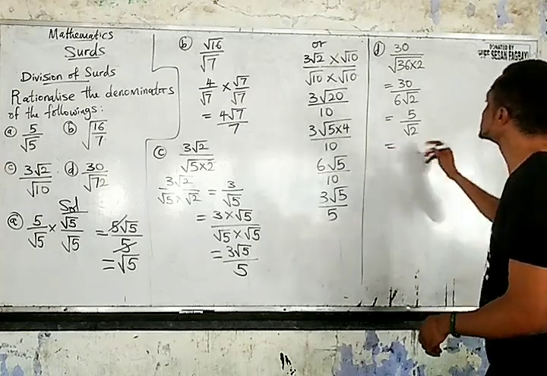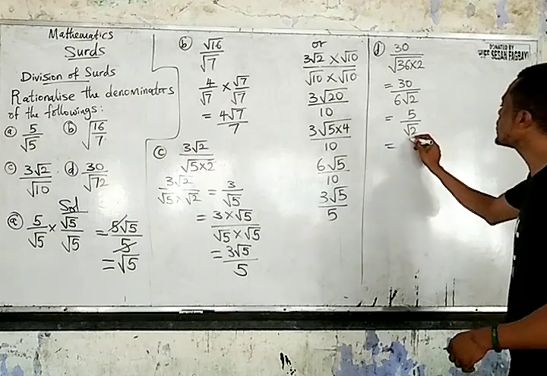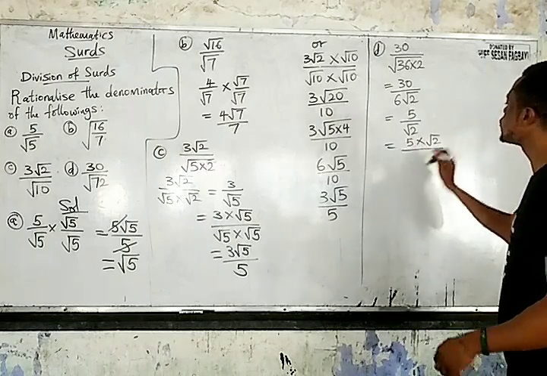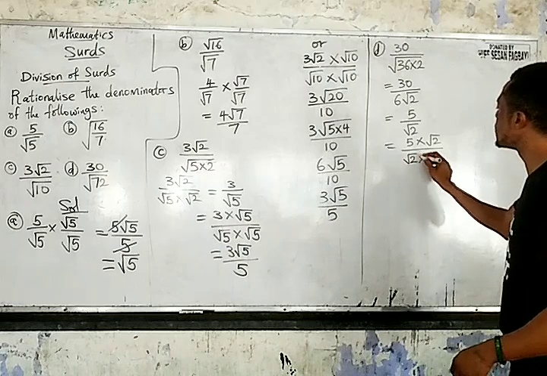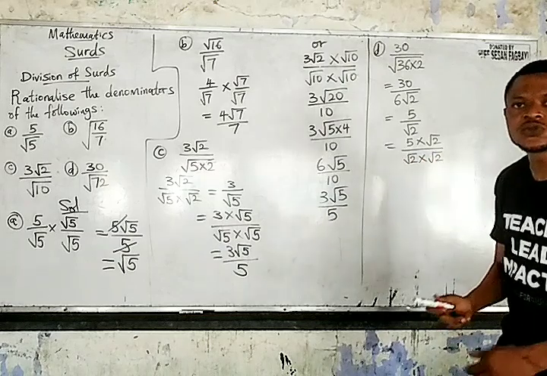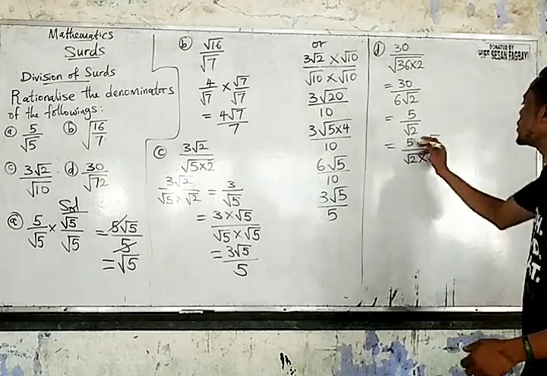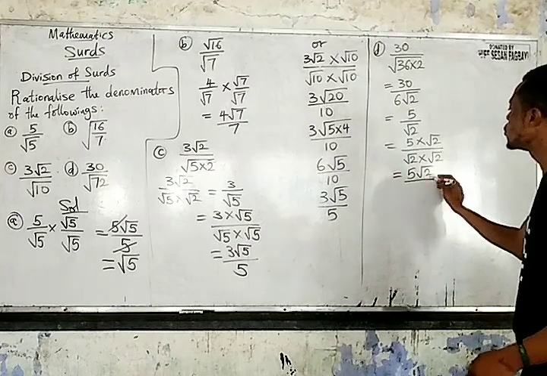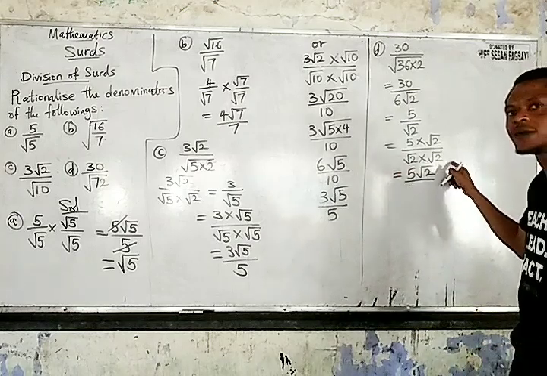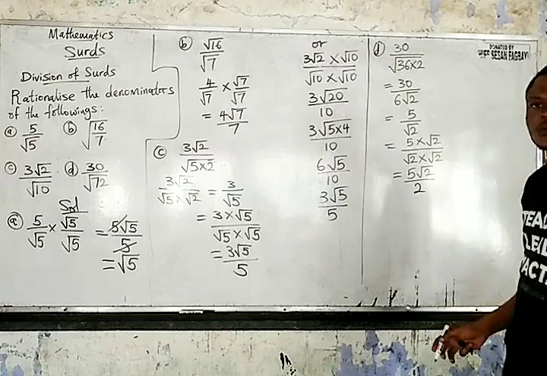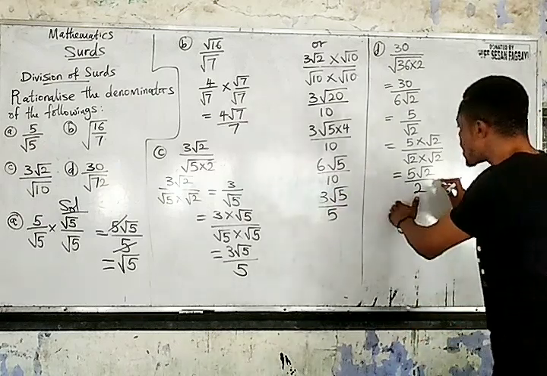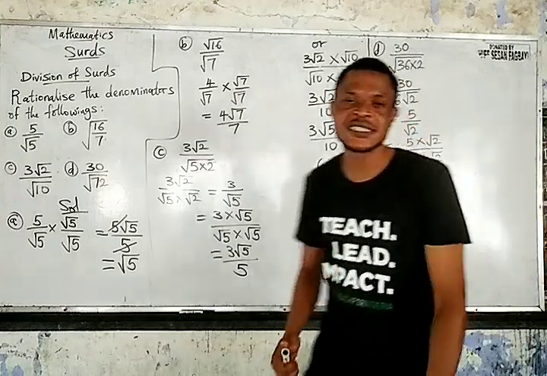Now the next thing is to rationalize. We have 5 multiplied by root 2 all over root 2 multiplied by root 2. Then we have 5 root 2 all over root 2 multiplied by root 2. We have 2. In this case, that's how far we can go with this.